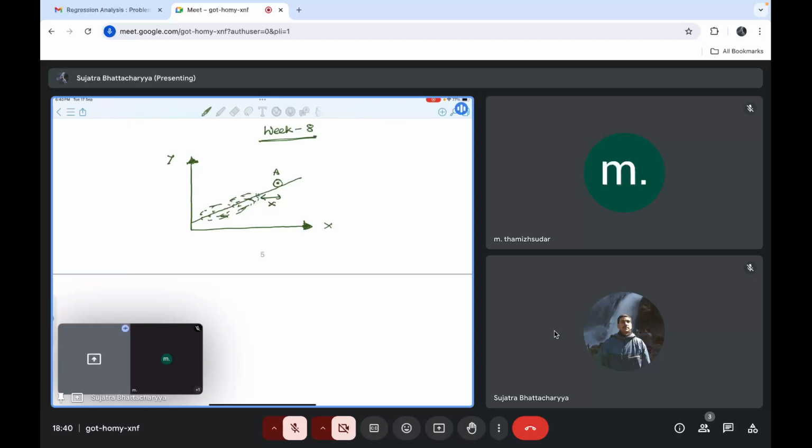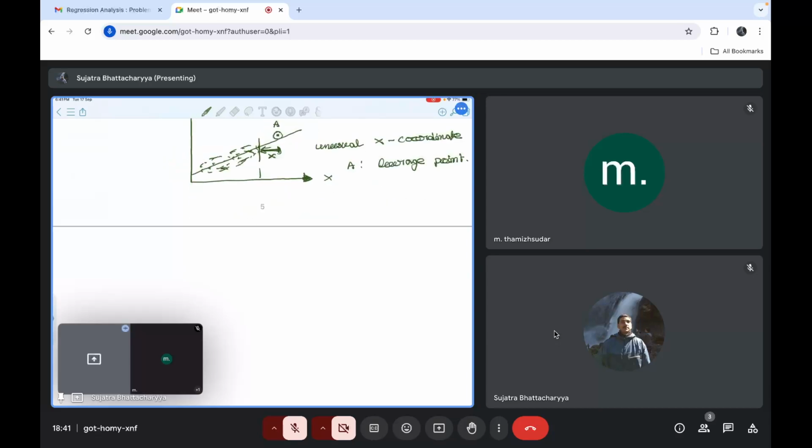See, there is a huge distance in the x direction from these data points, right? This is the important observation, that is the unusual x coordinate. This point A has an unusual x coordinate. This point, we call it a leverage point.